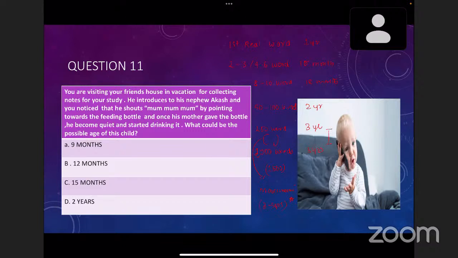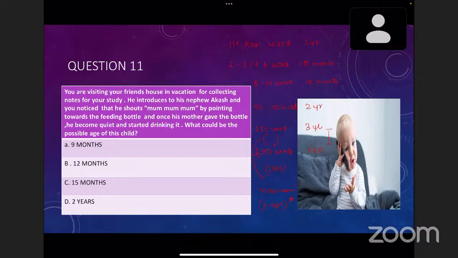So stuttering, where the child takes time to pronounce the words, will develop in some children during this period, because the number of words increases 10 times, 100 times, and the child has to take some time to pronounce them correctly. So it will stutter. So stuttering is a normal phenomenon.